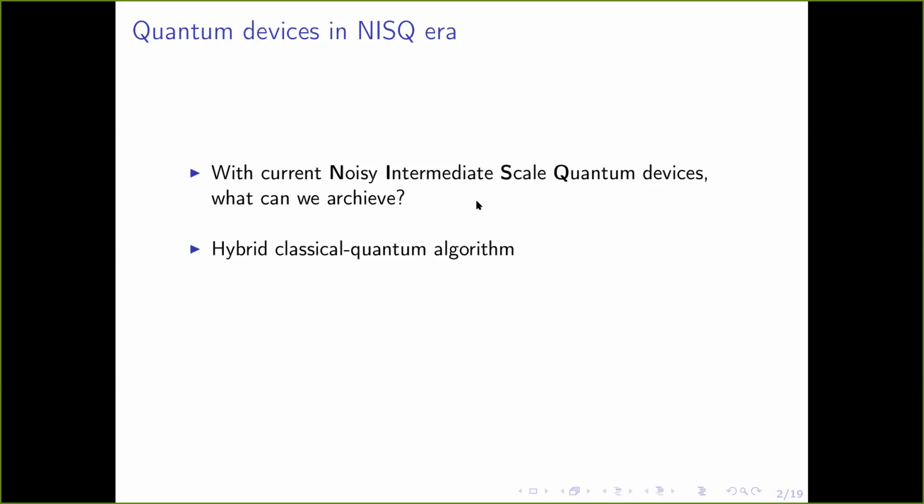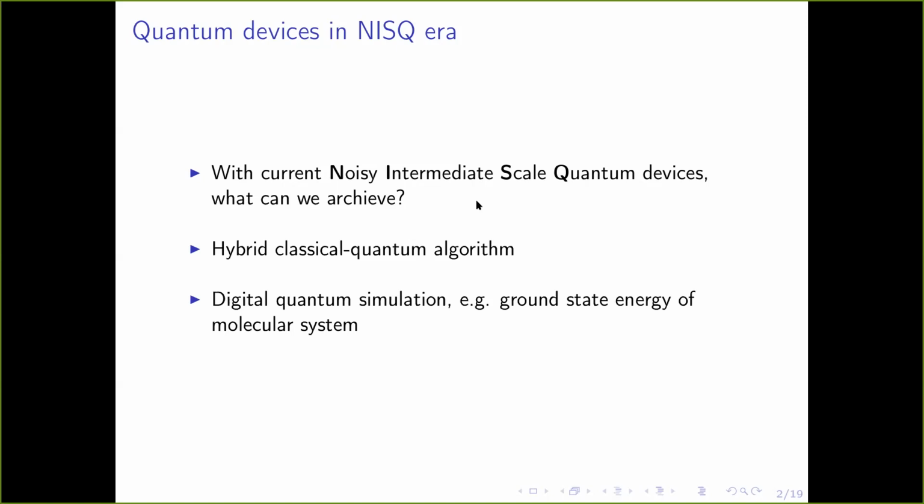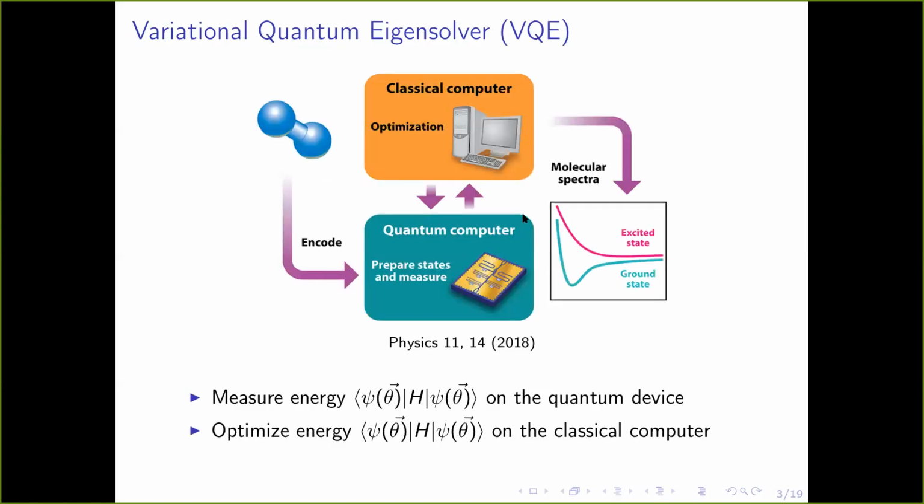On the other hand, people are interested in correlated systems, like molecular systems, and one of the things they want to study is their ground state energy. To do that, we can do digital quantum simulation. One of the most promising algorithms for doing that is the variational quantum eigensolver.